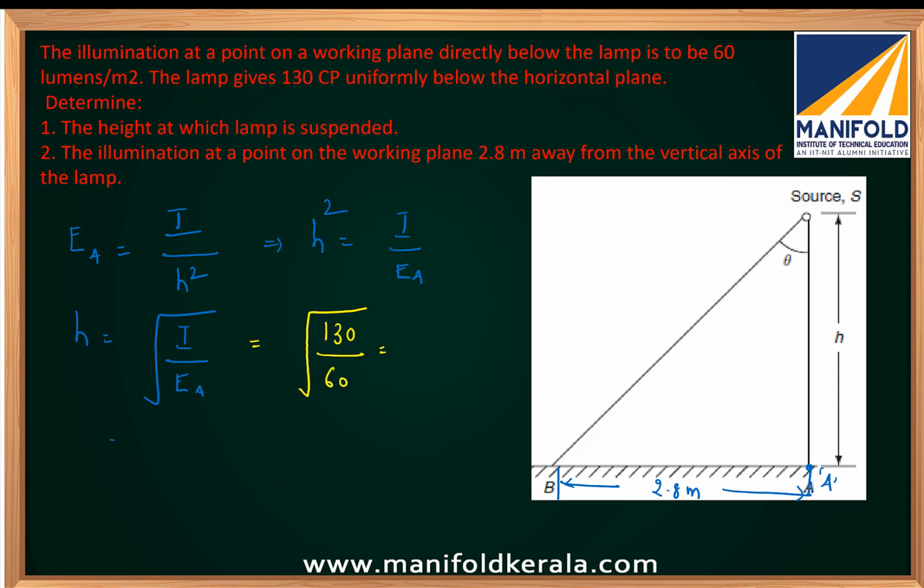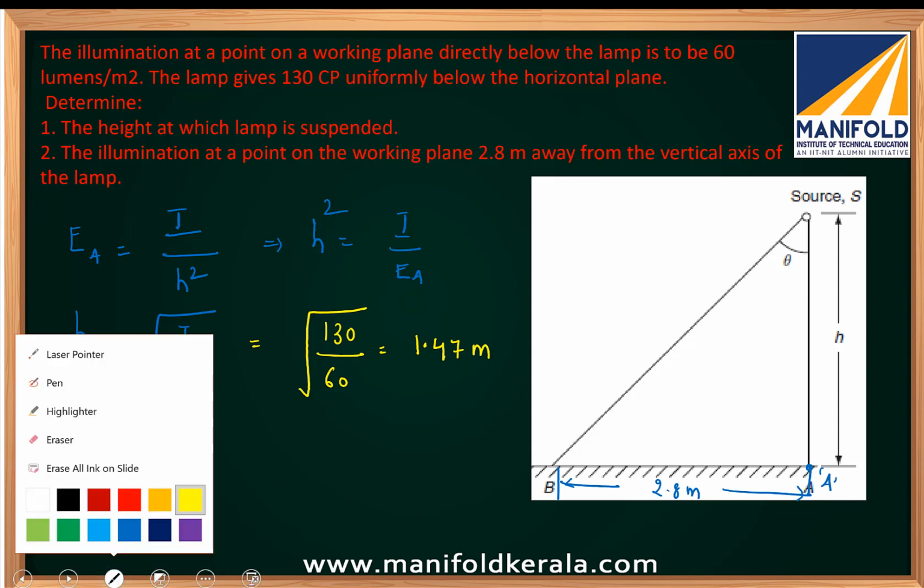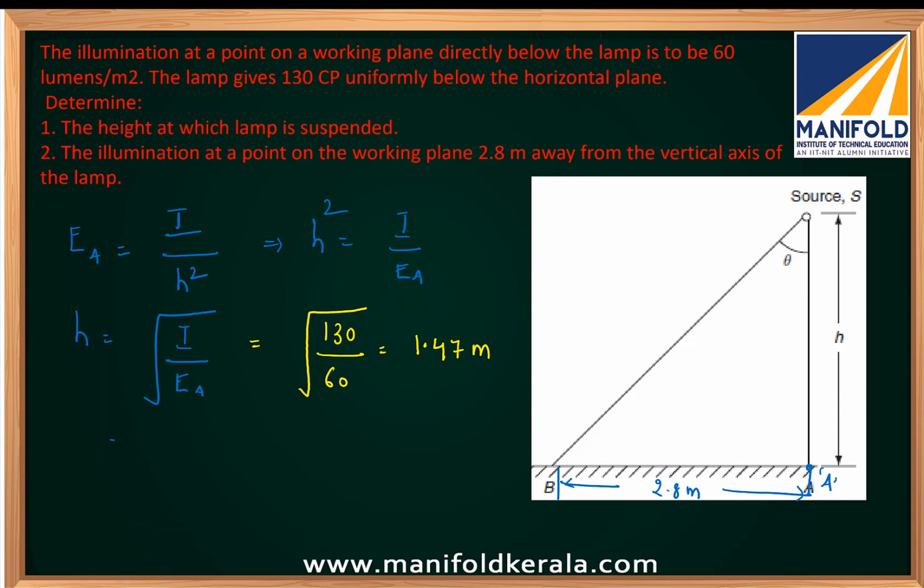If you calculate this value, your height is 1.47 meter. 1.47 meter is the height of the source above point A. Understand? Now we have to calculate the illumination at point B.